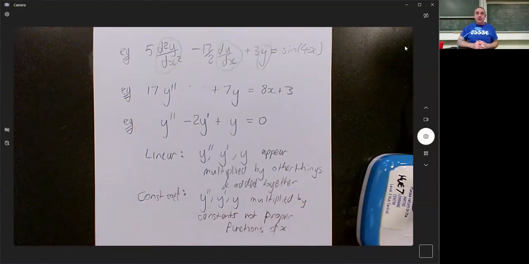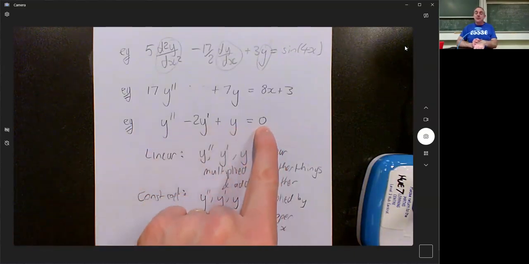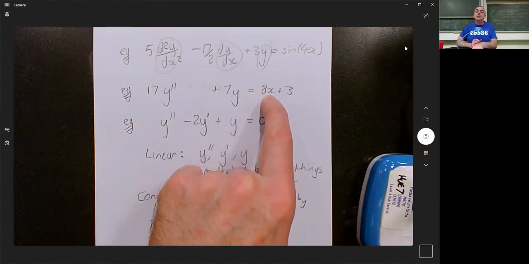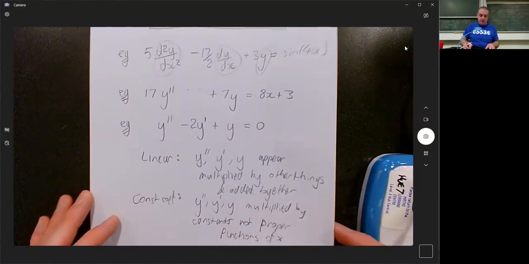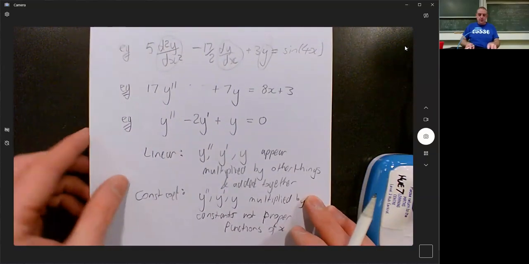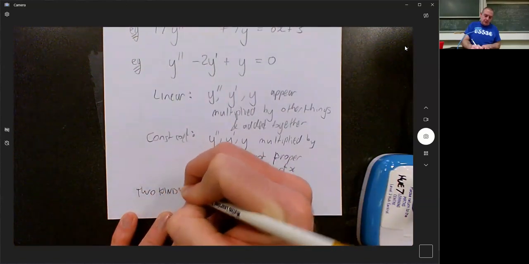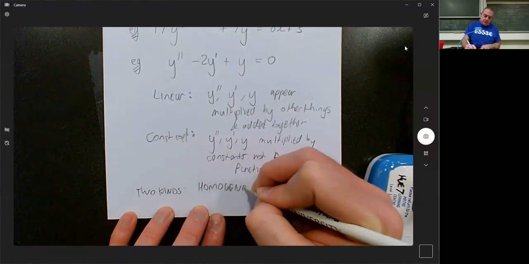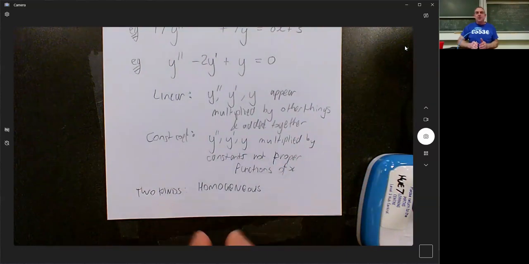And there are two flavors. One is that if it's equal to 0, it's called homogeneous. And if it's equal to something else, it's not homogeneous. So, two kinds. The word homogeneous means all the same.